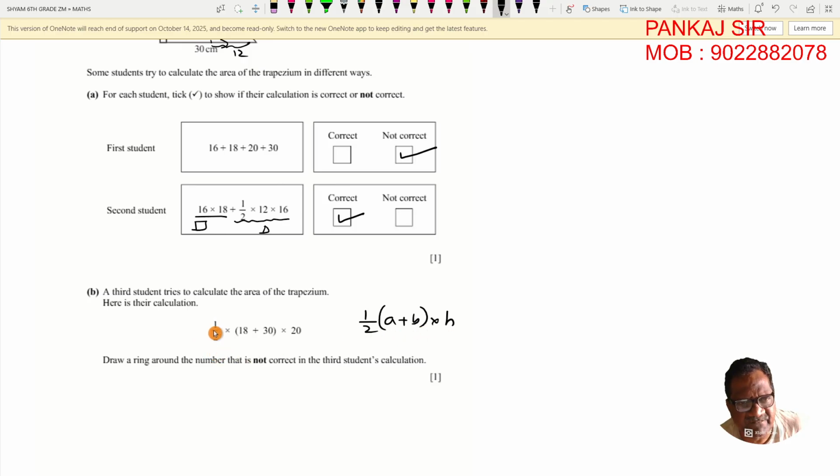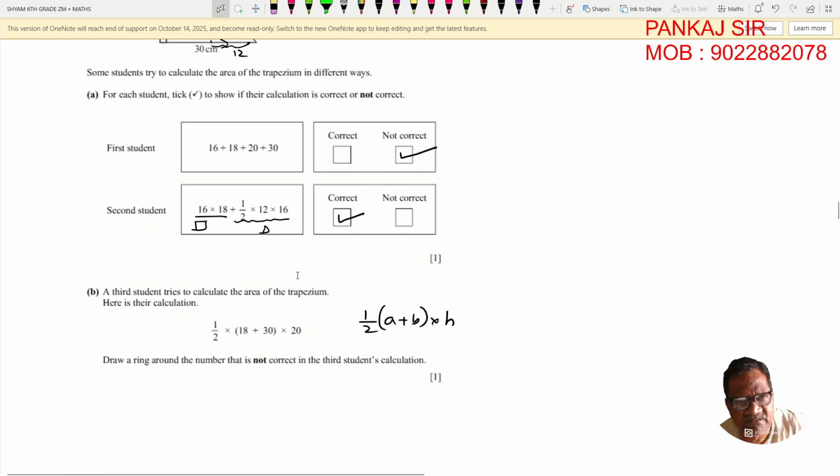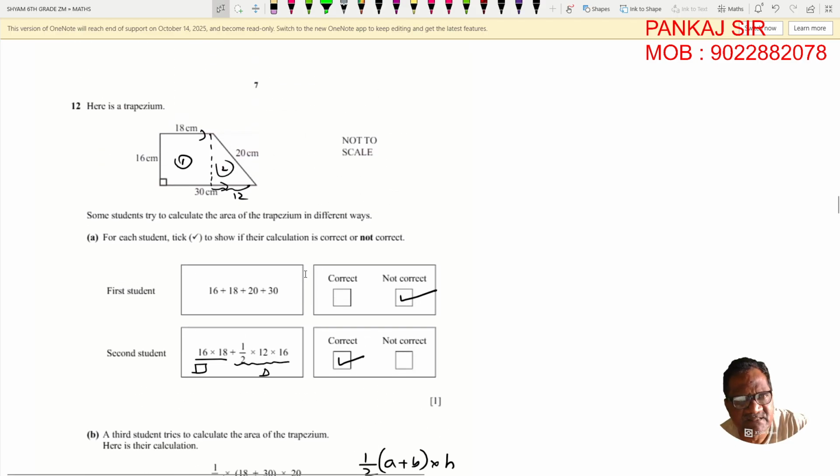Now this is half, and 18 and 30 are nothing but the parallel sides. You can see here this is 18 and this is 30. So sum of the parallel sides, and height is nothing but 16. So into height, so this is okay, half, sum of the parallel sides is okay, but I think he has not taken the height, because height is actually 16.